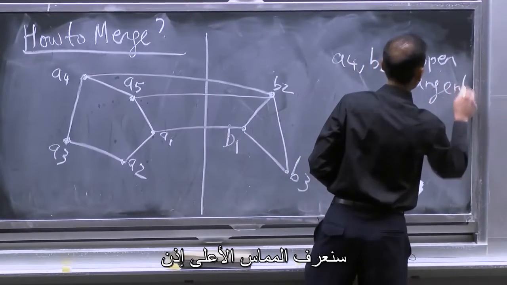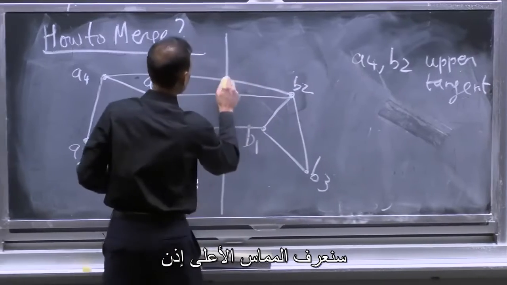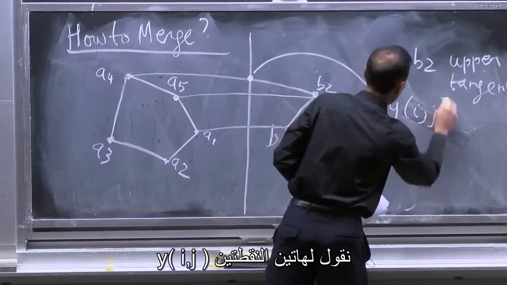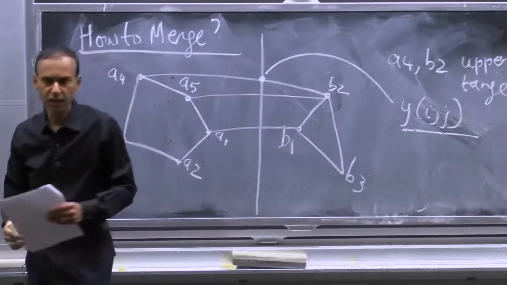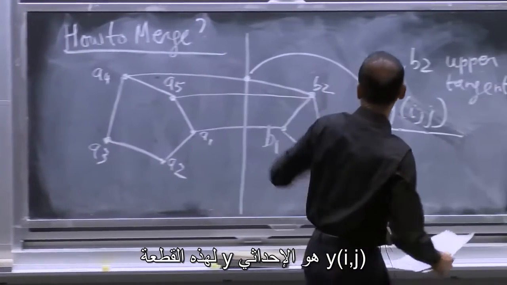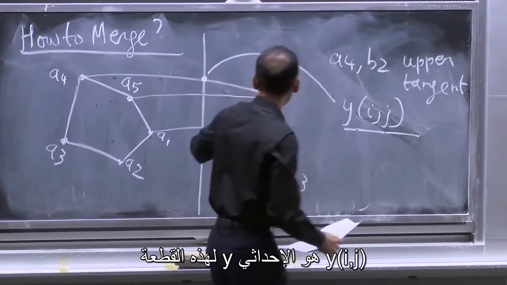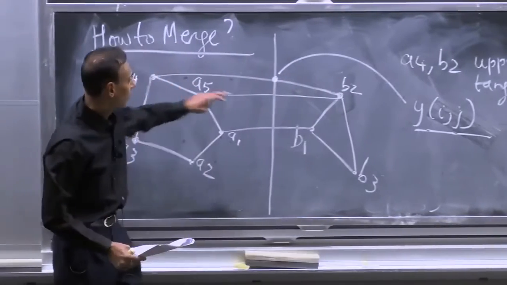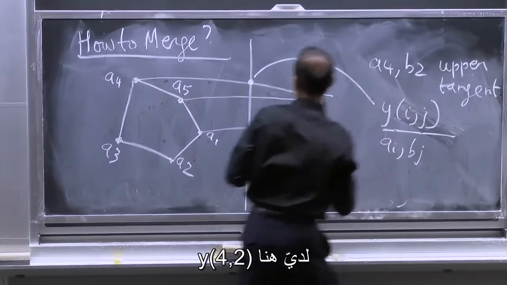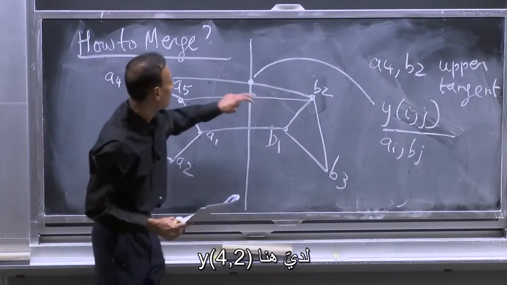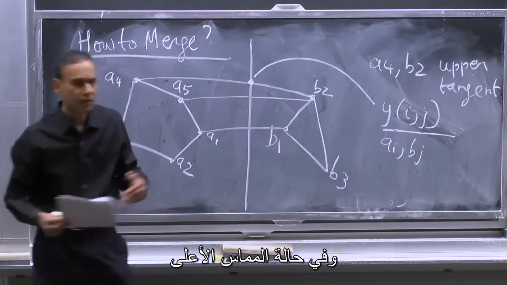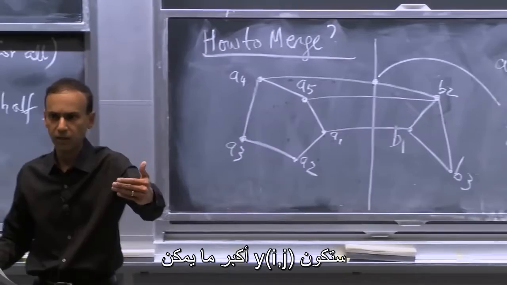So our upper tangent is something that we're going to define as, if I look at each of these things, I'm going to say they have a yij. Okay, what is yij? Yij is the y coordinate of the segment that I'm looking at, the ij segment. So this yij is for ai and bj. So what I have here is y42 out here, and this is for the upper tangent. Yij is going to be maximum, right?